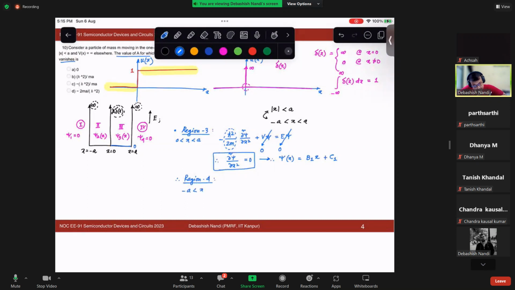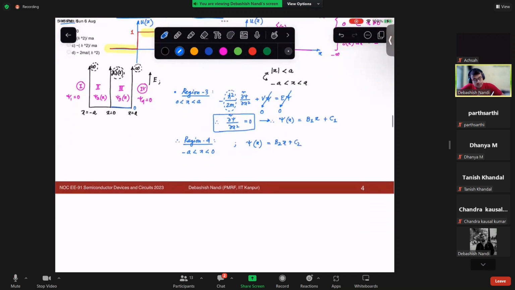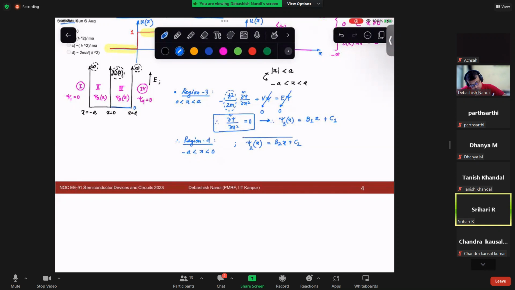minus a less than x less than 0, I have this solution, let's say b2x plus c2. Fine. So this is my psi 3(x), this is my psi 2(x). Sir, is that region 2 or 4, sir? Which one?